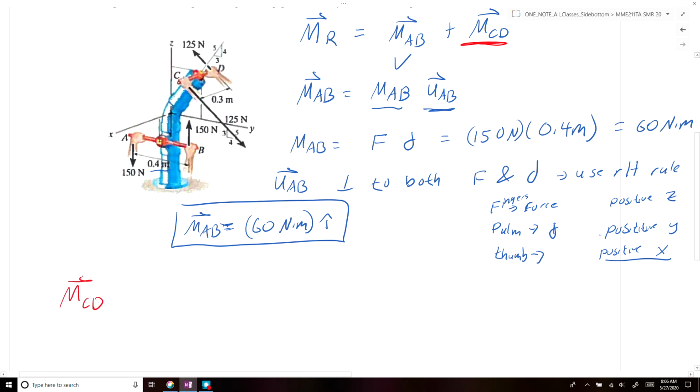For MCD, we're going to use a vector formulation to calculate it. So we can say MCD would be equal to RDC cross FC.